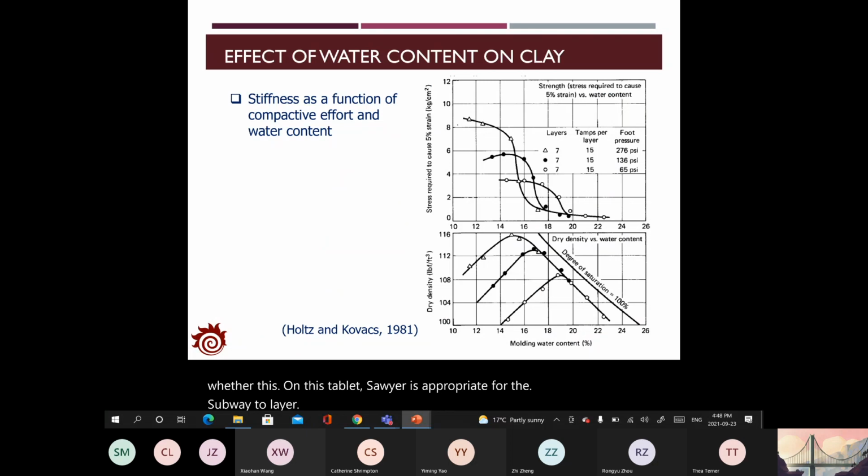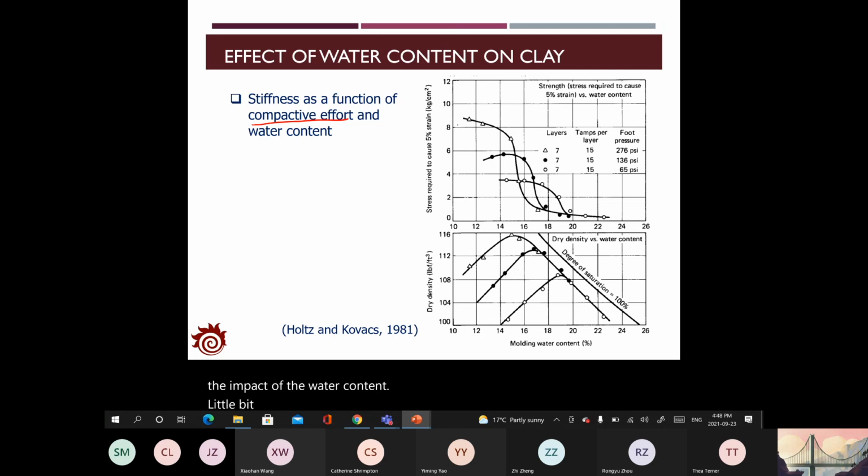Another thing that we need to think about with the consideration of water content is the loading or the compactive effect. With a higher compaction, you will find that the subgrade layer would be stiffer, and with that you can reduce the impact of the water content a little bit.